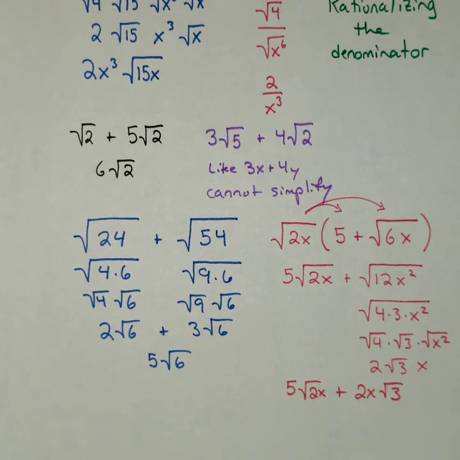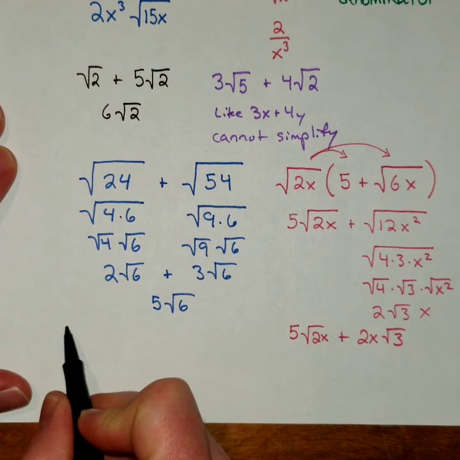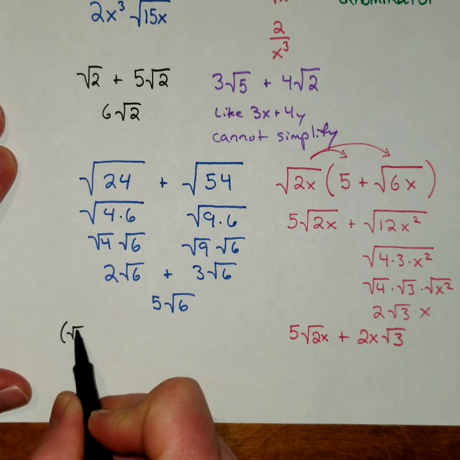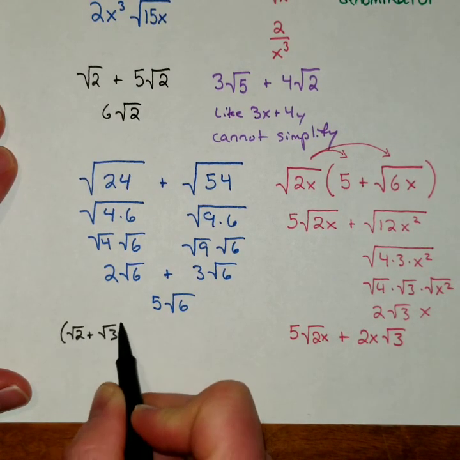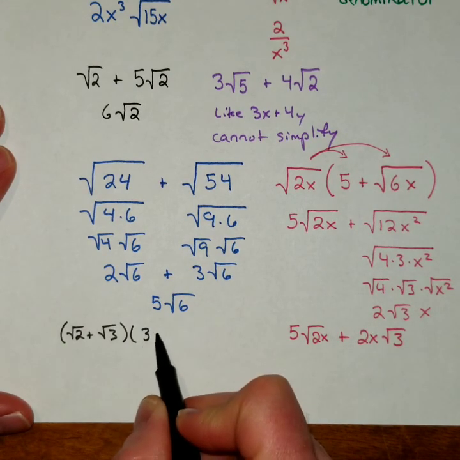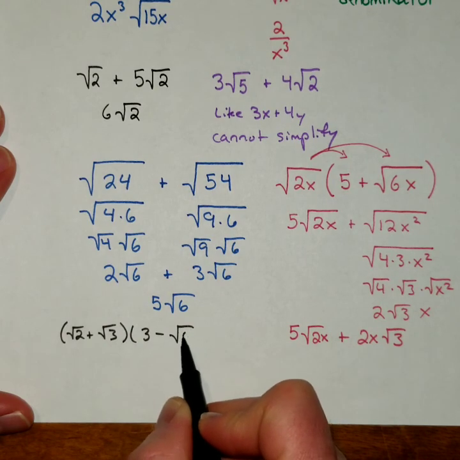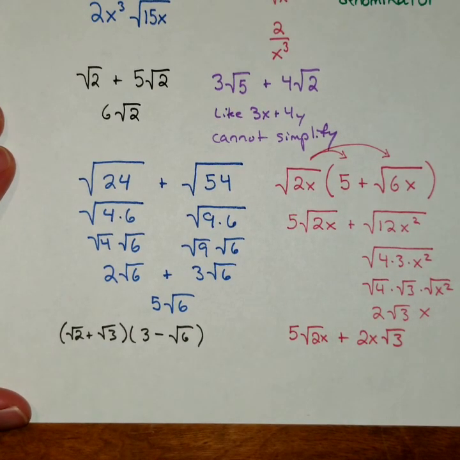Alright, you can also do some like FOIL method distributing, where we have some larger things like root 2 plus root 3 times 3 minus root 6, or something like this.